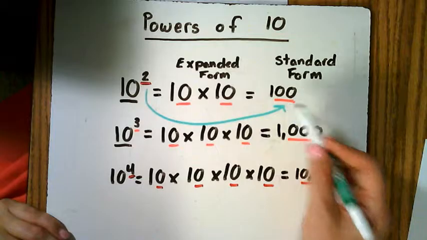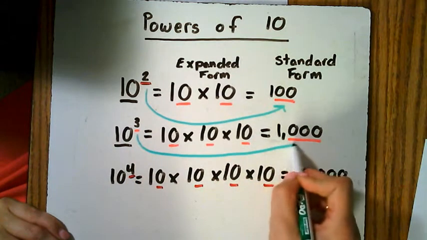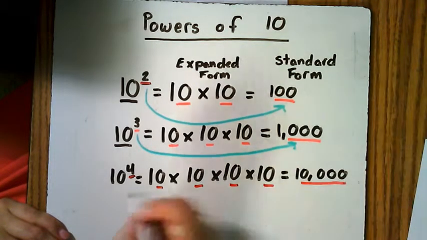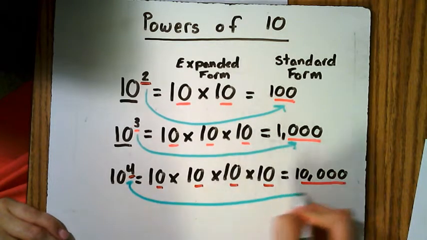That's the number 100. 10 to the third power tells us that we have to have 3 zeros in our answer, and that's the number 1,000. 10 to the fourth tells us we need to have 4 zeros in our answer, and that's the number 10,000.